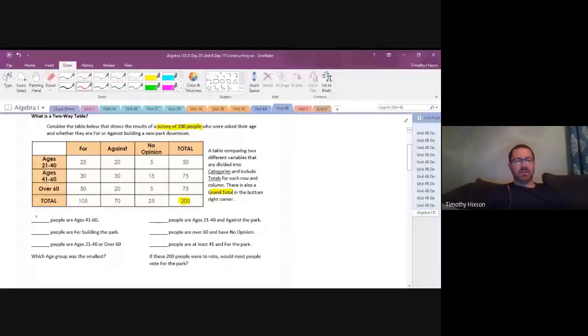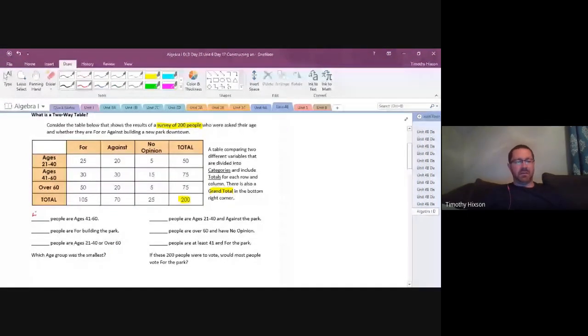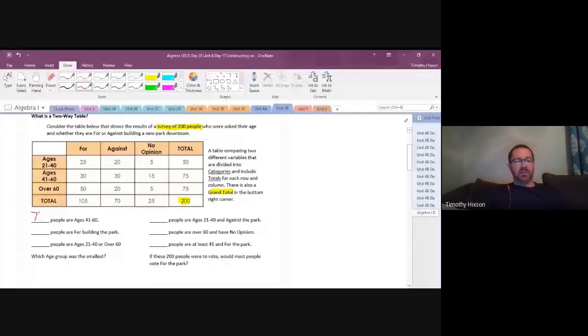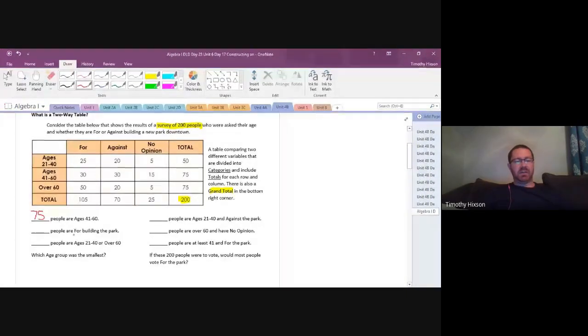How many people are for building the park? Here we don't care what age they are, we just care about how many are for it. So we see here 105 people are for building the park downtown.